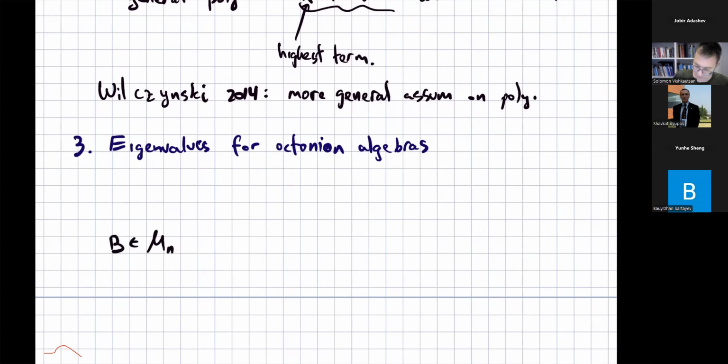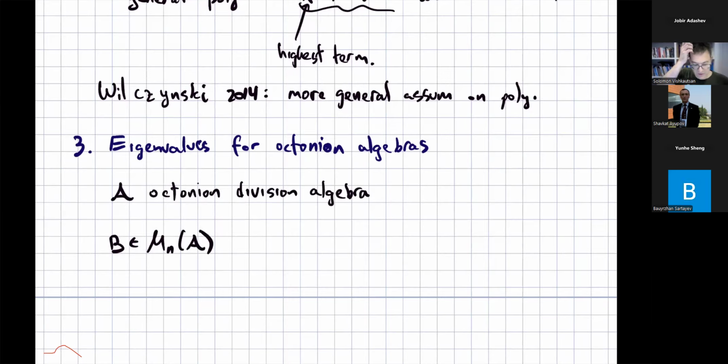Let me just give first the notation. So we have A some Octonion division algebra, and we take a square matrix with entries in this Octonion algebra.